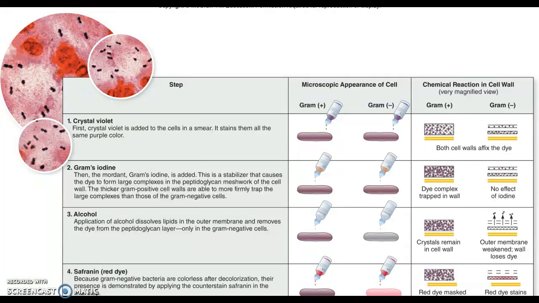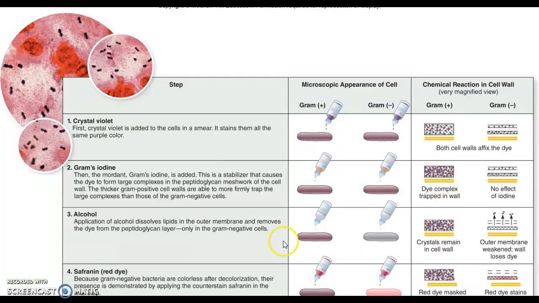And we begin by staining first with crystal violet, and the crystal violet stains both cells this purple color, and the stain adheres to the peptidoglycan layer of both cell walls. Then we add Gram's iodine. Gram's iodine is a mordant. It helps to fix the stain to the cells.